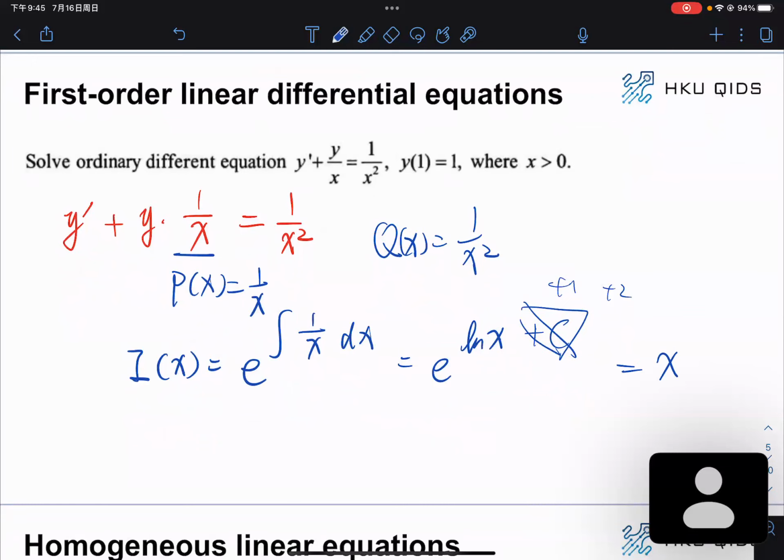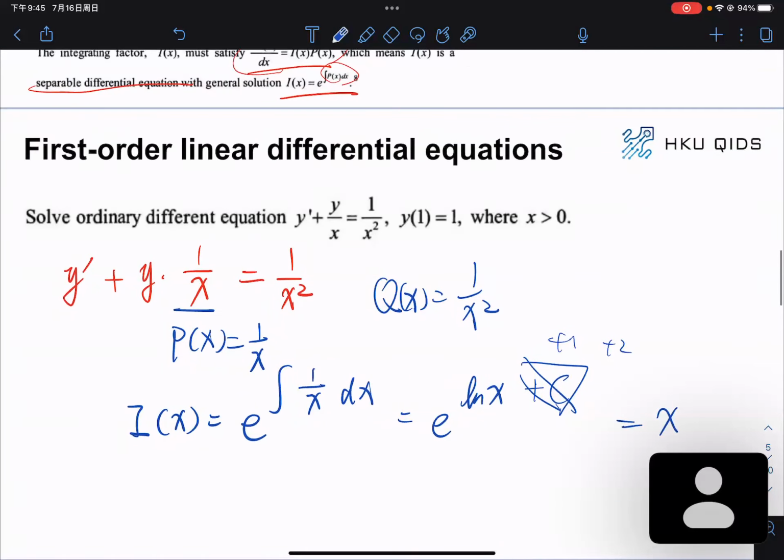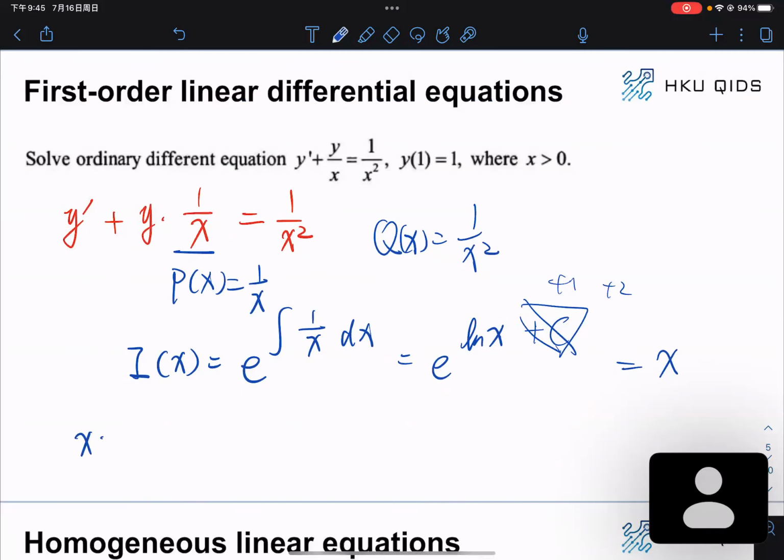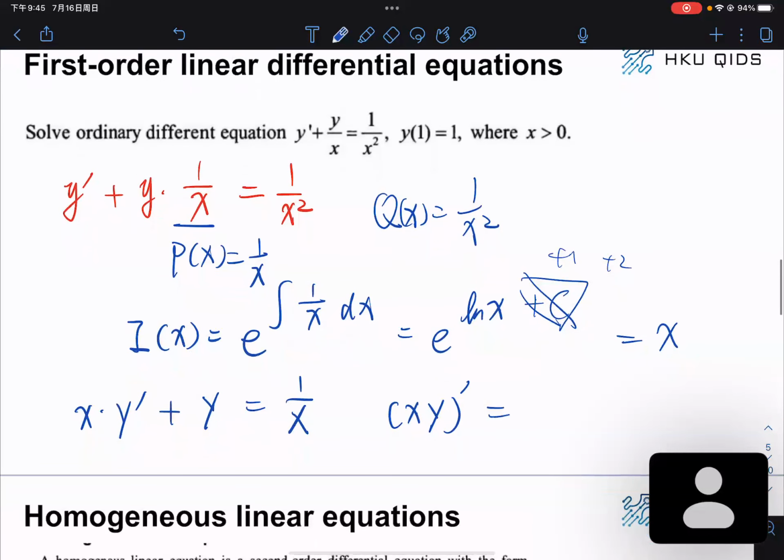And then what is going to happen? We can find that actually the left-hand side, if we multiply by x, is going to be (xy)' equal to 1 over x.